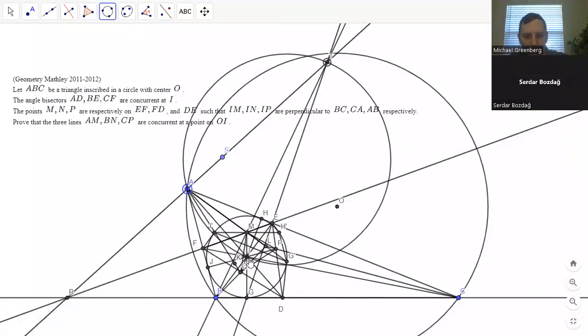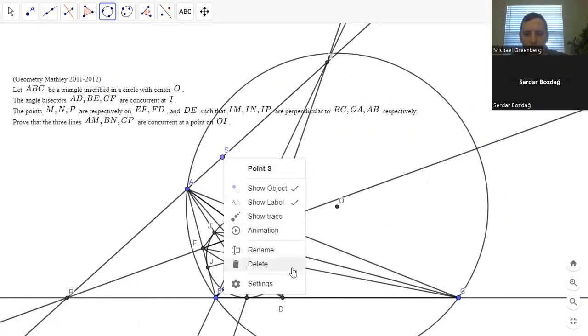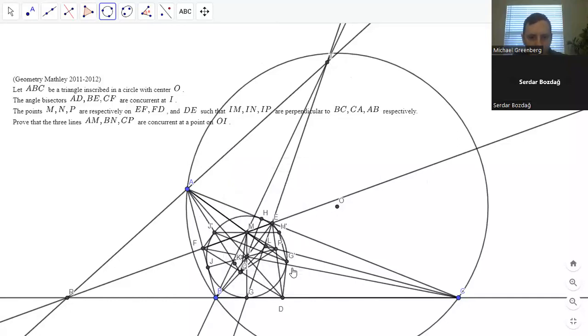I don't know what I'm doing. Okay, so we have BM and GE, where E is the foot of the angle bisector.